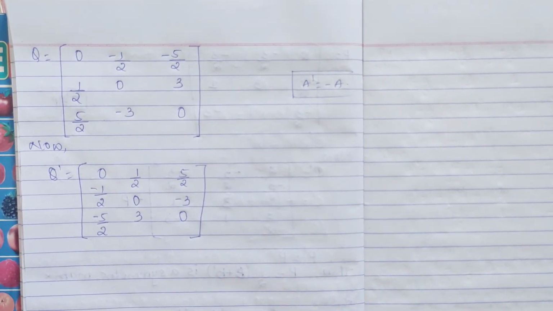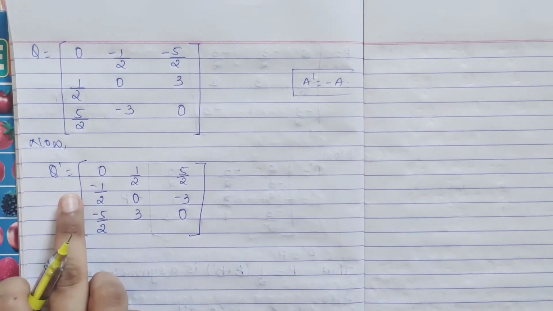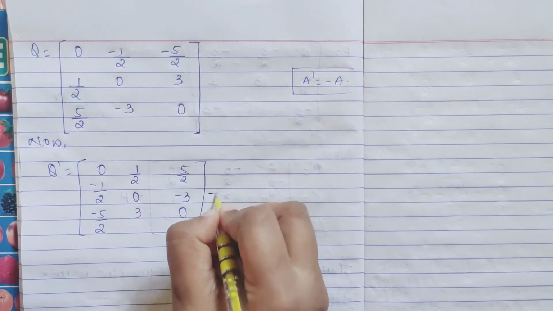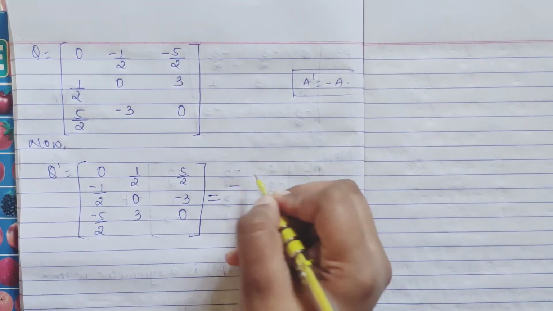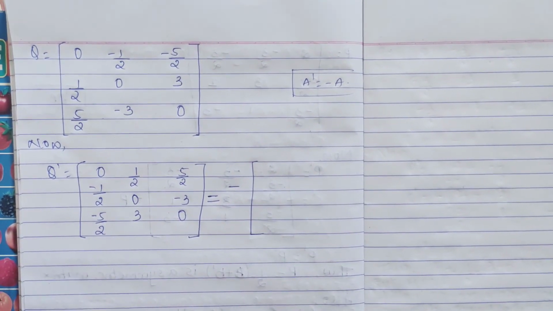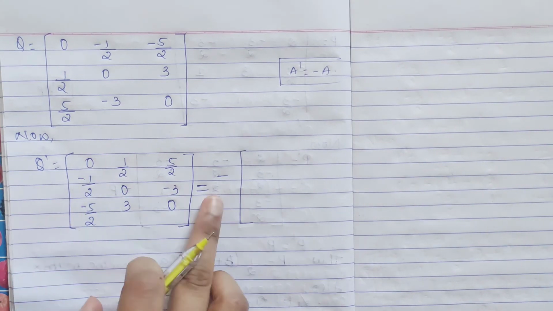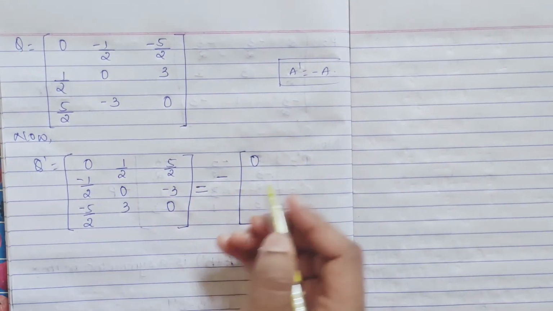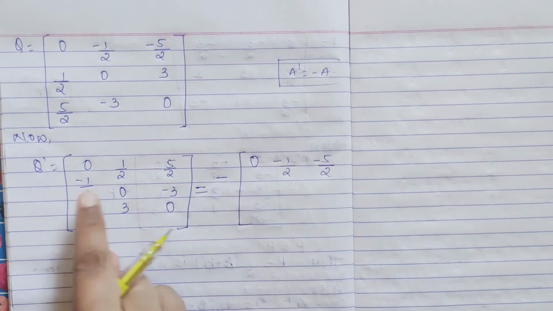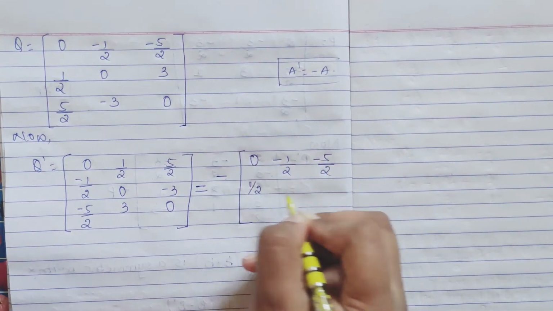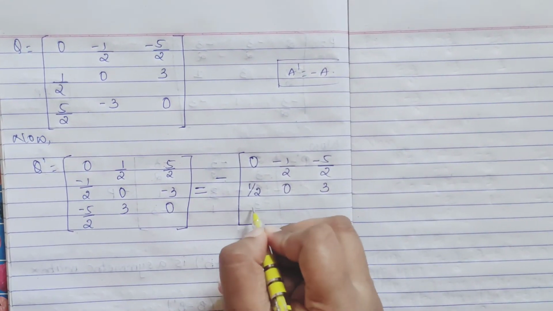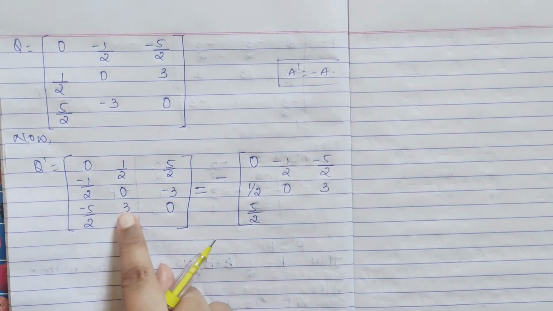To get minus Q, what do I have to do? I have to take the minus sign outside, right? So wherever it is minus, that becomes plus, and wherever plus, that becomes minus. Here 0 remains 0. So this becomes minus of 1 by 2, minus 5 by 2; minus into minus plus 1 by 2; 0; minus into minus plus 3; minus into minus plus 5 by 2; minus into plus is minus 3; 0.